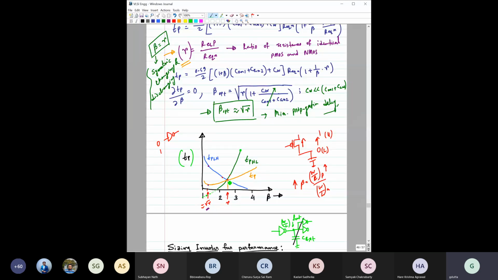But we want TPLH and TPHL to be closely equal, so that's what we are taking here. But you are right: if minimization of delay is the only main factor, then we have to choose root R, the optimal beta. But as I mentioned, we are trying to make the charging and discharging time equal, so we are taking this R.